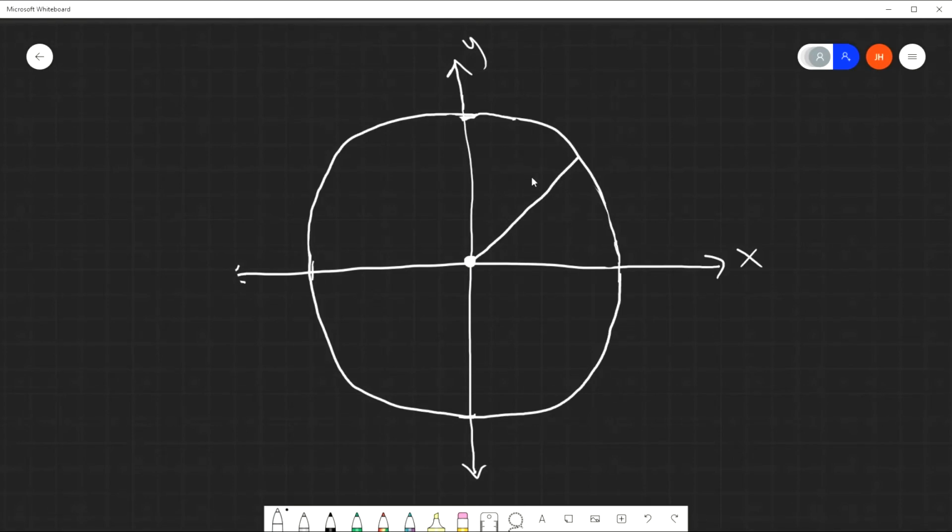And what will happen is that the radius is always equal no matter where I go around the circle, whether it's this diagonal, that diagonal, or even these ones that are going horizontal, vertical. Every single one of these lines around this wheel looking guy is going to be the same length.